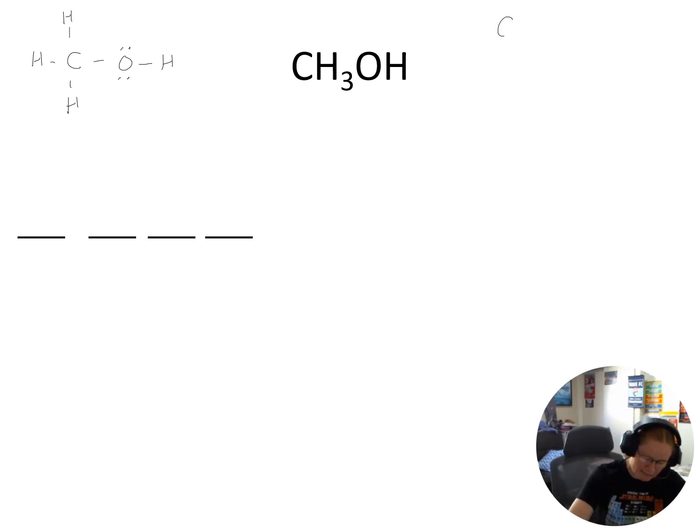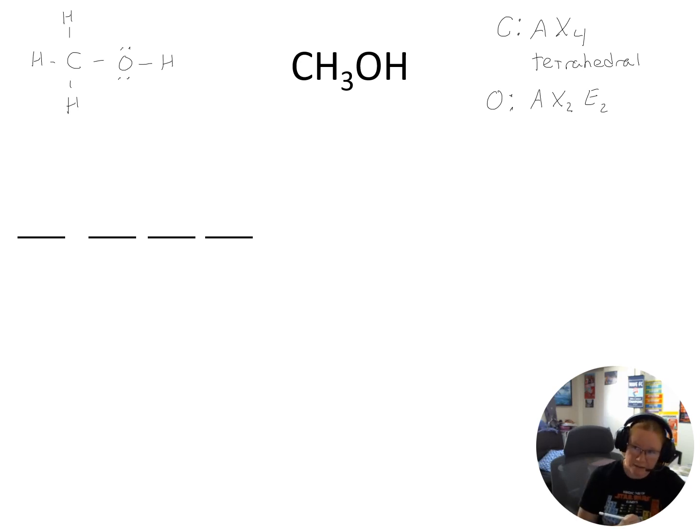So from the perspective of my carbon, I have my central atom and I have 4 things bonded to it. So this is orbital geometry that is tetrahedral. From the perspective of my oxygen, I have my central atom, I have 2 things bonded, and 2 lone pairs.